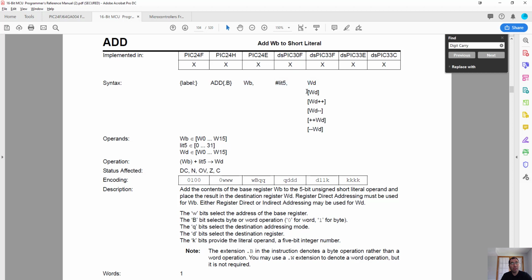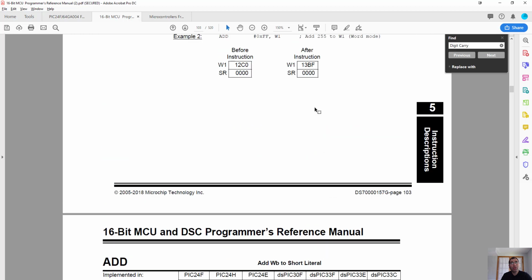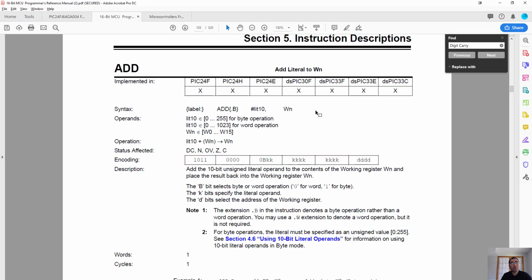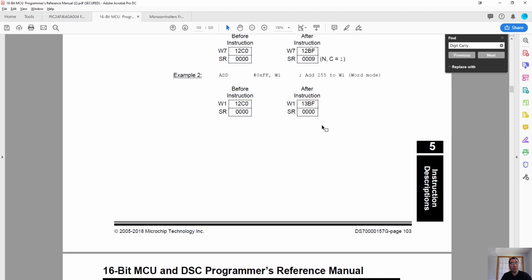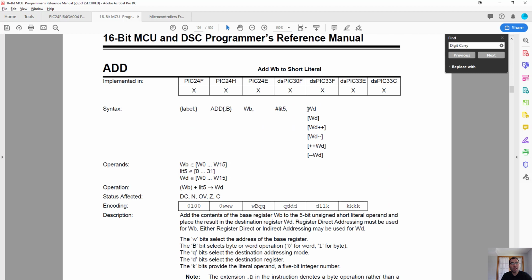And it seems like this one can do indirect operations too, indirect addressing modes, sorry. The previous one couldn't do any indirect addressing, it could do only direct addressing, and this instruction can work with a bunch of different addressing modes.